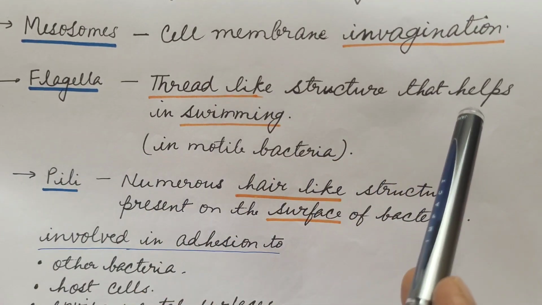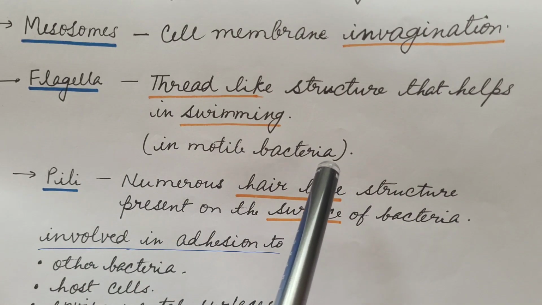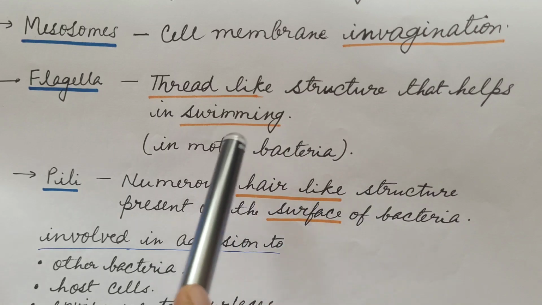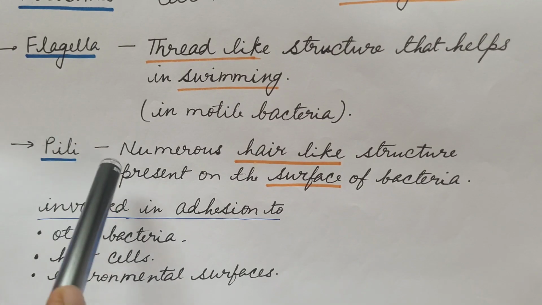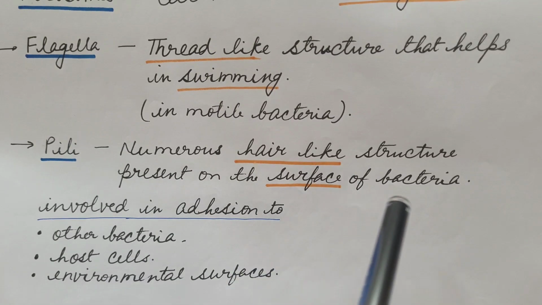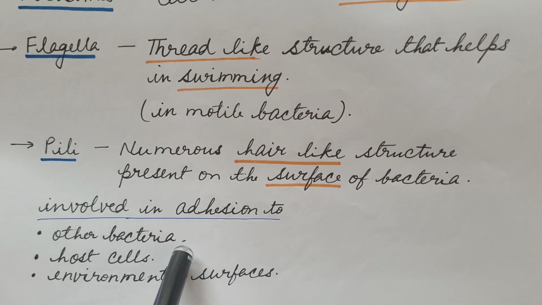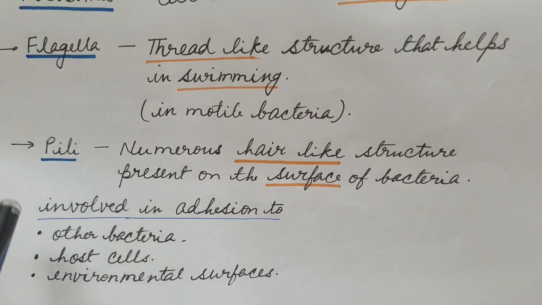Flagella, a thread-like structure that helps in swimming, is present in motile bacteria, that is, the bacteria which are able to move or swim. Pili are also present. These are numerous hair-like structures present on the surface of bacteria, and these are involved in adhesion to other bacteria during conjugation, to host cells if the bacteria is parasitic, or help them to adhere to environmental surfaces. This also we will discuss in detail in a separate video.